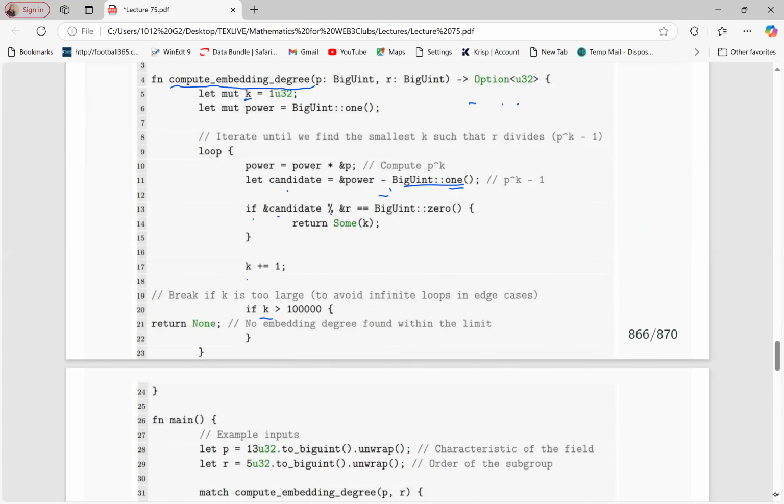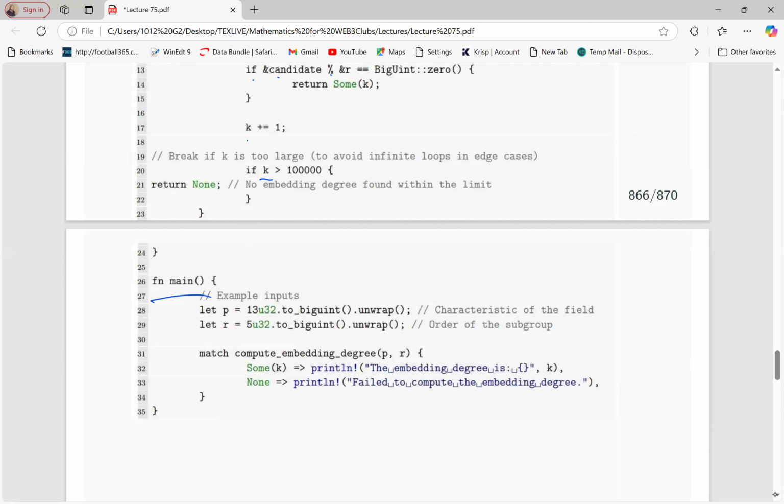The main function initializes your P and your R, that prime factor, and then calls compute embedding degree, the function just above, to calculate for this R and P. Then it prints if the embedding degree is found, and also prints if it is not found.